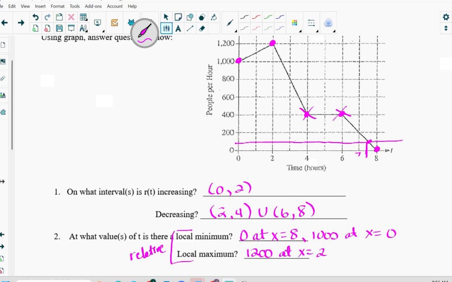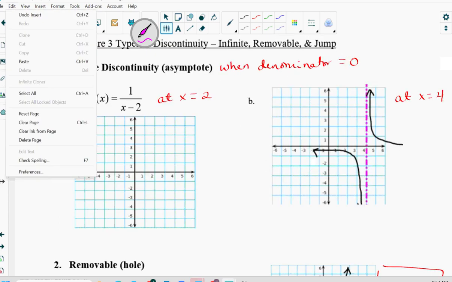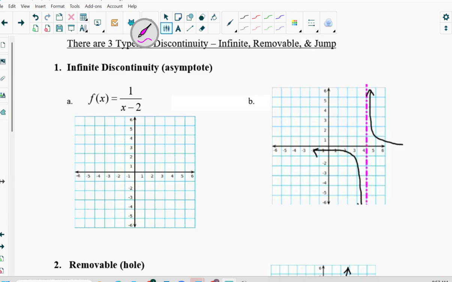Instead of being given the x value, you're finding the x value. Okay. All right. Any other questions on this page? Actually, we are going to do most of these, but you get to just look at the graph most of the time.